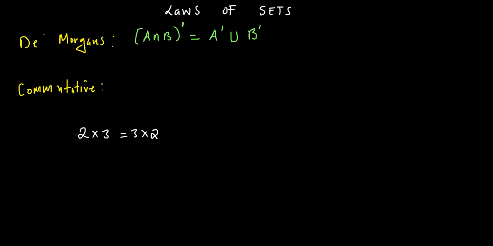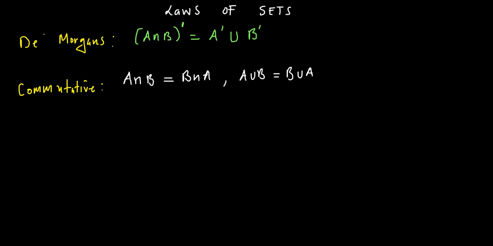So the law of commutativity tells us that when you have got two sets A and B, it is going to be the same as getting B and then A. So A intersection B is the same as B intersection A. A union B is the same as B union A. That is the commutative law.